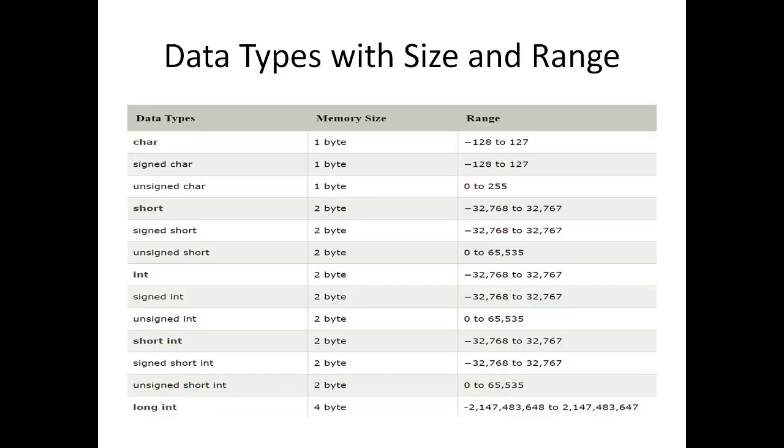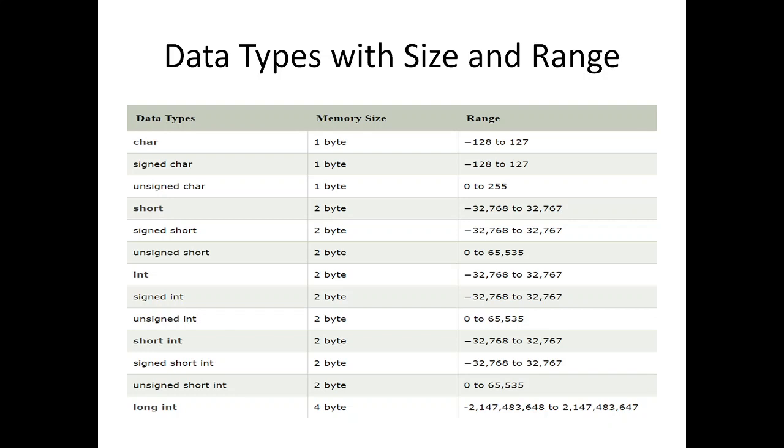And this gives you a range: how much information, or what value of numbers, we can store in these data types. For example, for the character data type, which can be signed or unsigned, if it is a signed one, then you can store from minus 128 to 127.